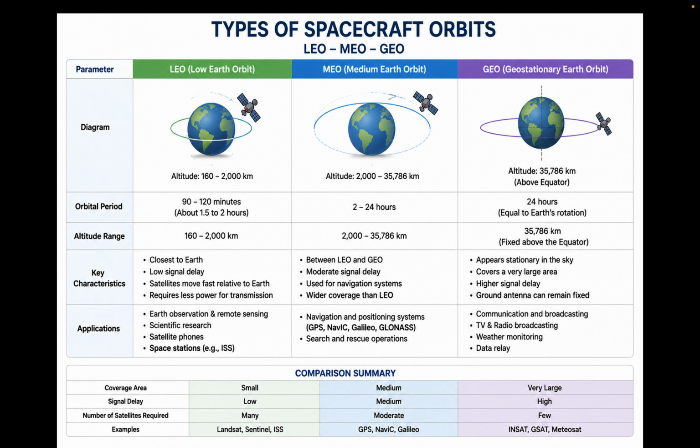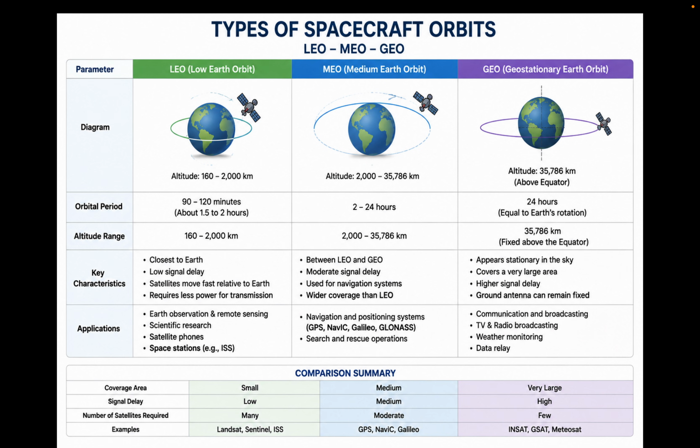And these are very close to the Earth. So when a satellite is very close to the Earth, it has low signal delay. And satellites move fast relative to the Earth. As they are very close, they move very fast relative to the Earth and require less power for transmission.